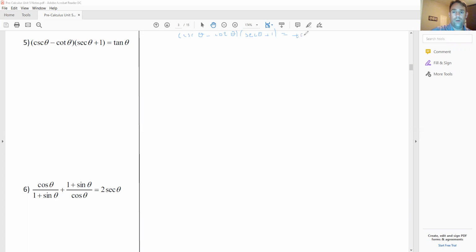Now, I'm hoping you all would have recognized that the left is the uglier side, so that's the side I'm going to play with. And I'm going to turn everything into sine and cosine. I see 3 different trig functions out there. I don't want to be dealing with 3. So I know I can cut it down to 2 pretty quickly. So 1 minus sine theta. Cotangent is cosine over sine.